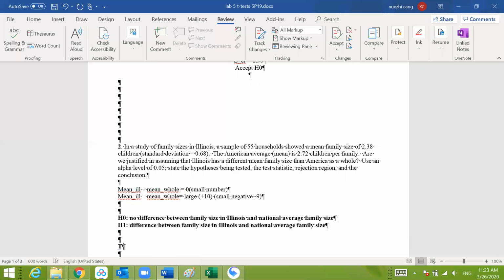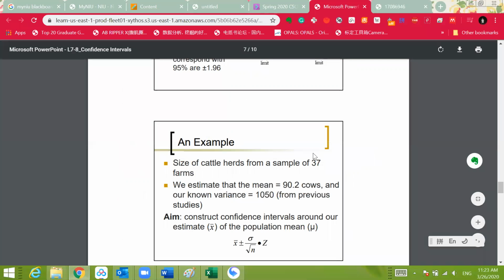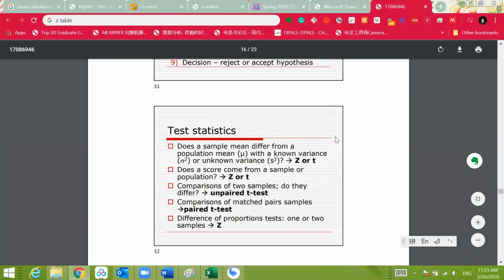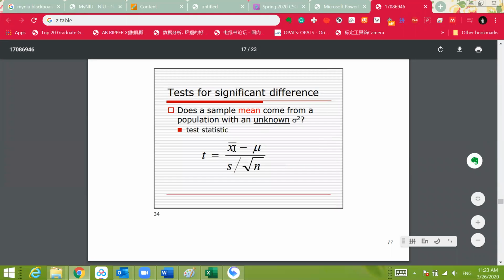You can find the equation of the t-score from Professor Chen's slides. Here, X bar is the Illinois family size, Mu is the national family size, S is the standard deviation, and N is the sample size.